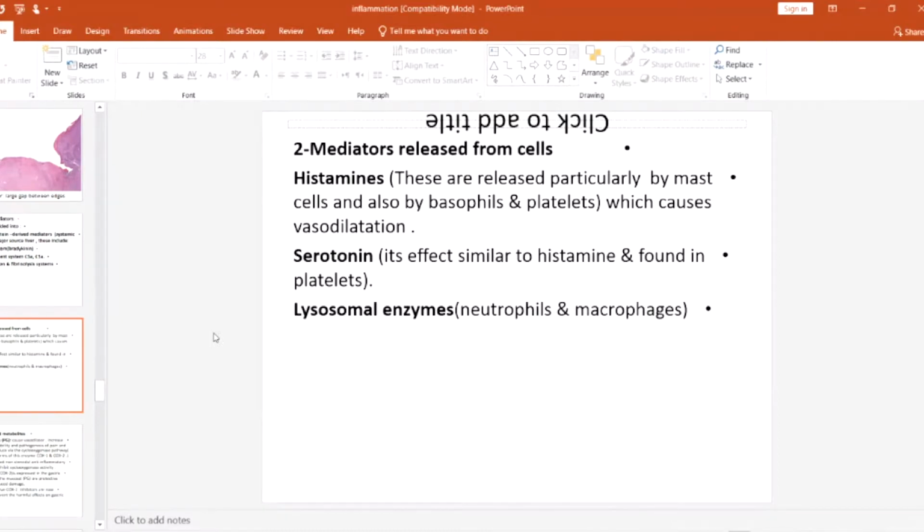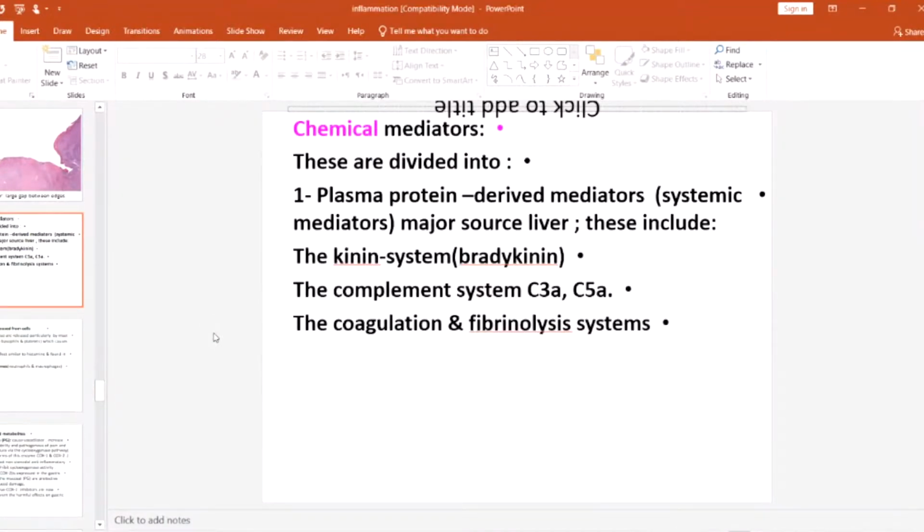So chemical mediators are substances that could be systemic, present in the blood as proteins produced from the liver, which help in the process of inflammation.